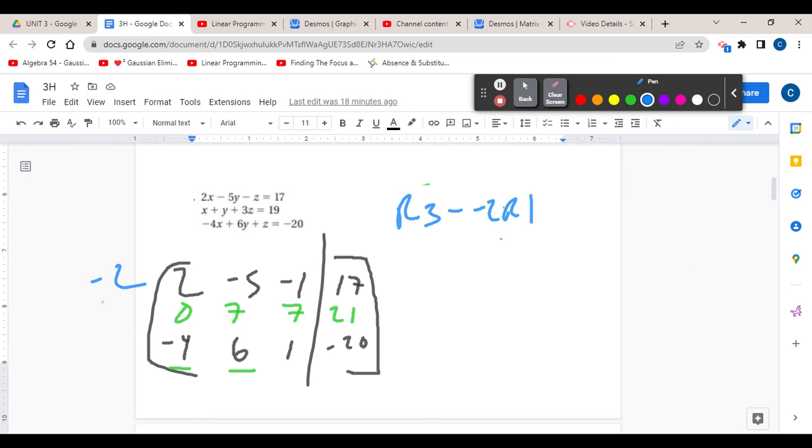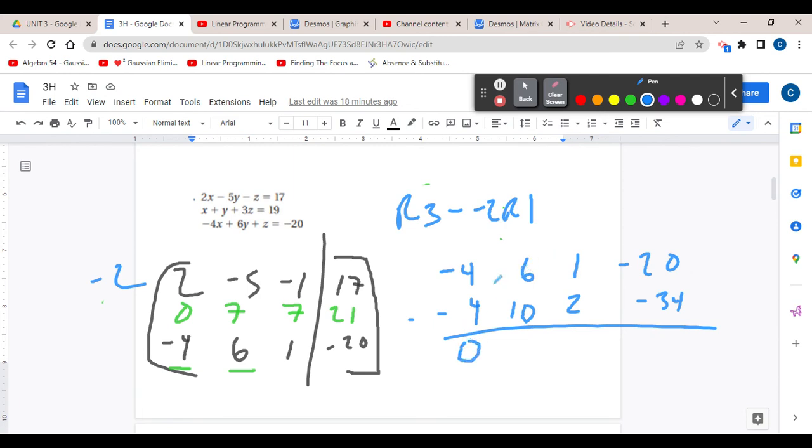All right, so now we have negative 4, 6, 1, negative 20. Row 1 times 2 is negative 4, 10, 2, negative 34. We'll subtract these. So negative 4 minus negative 4 is 0. 6 minus 10 is negative 4. 1 minus 2 is negative 1.